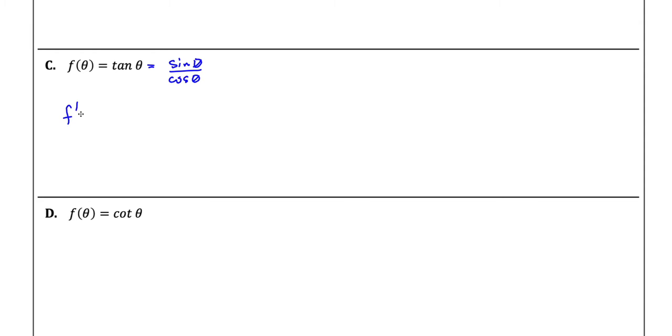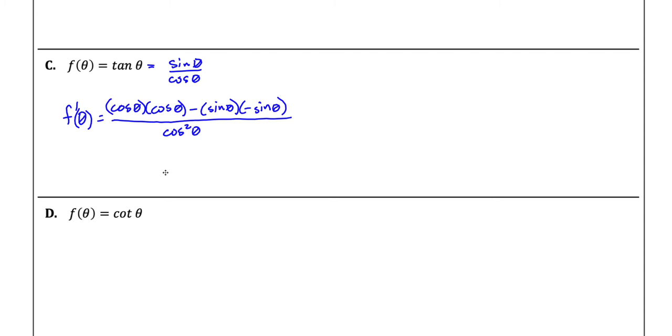Now, if I do f prime of theta, I'm going to do g times f prime minus f g prime over g squared. I'm trying to save a little time by not putting in f prime, g prime on the side, but I know you guys know how to do that if you wanted it for your notes.